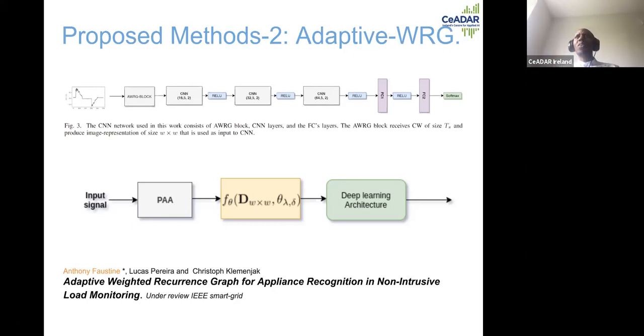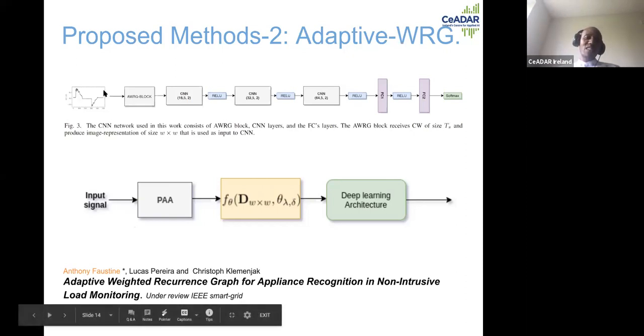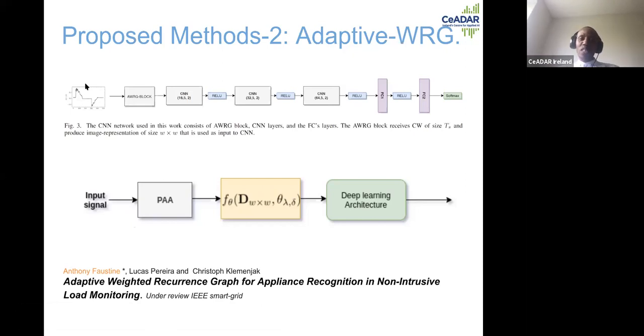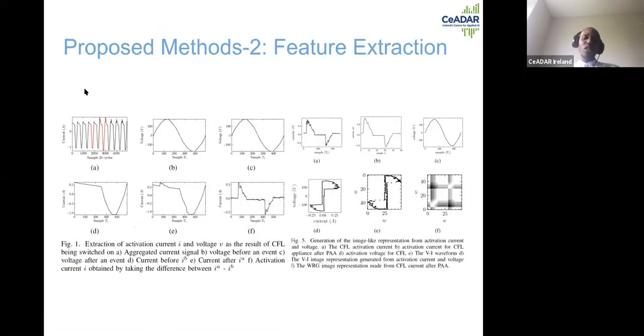Now, if you go to the aggregate data, the question is, how do you obtain this signal from the aggregate signal? So what we did was, first you monitor events like this. If you detect an event, you extract the current signal before and after the event, and because current has additive properties, you subtract the current before from the current after.